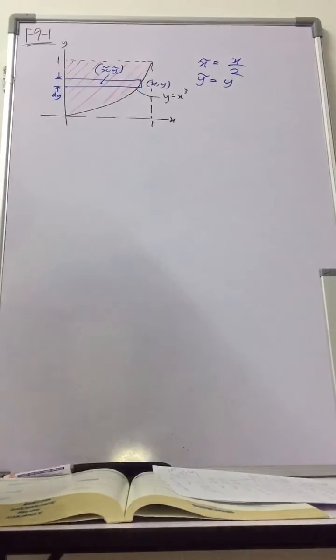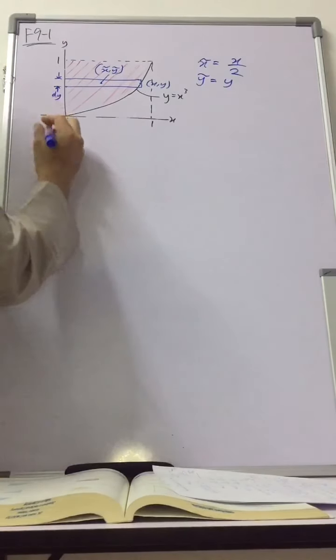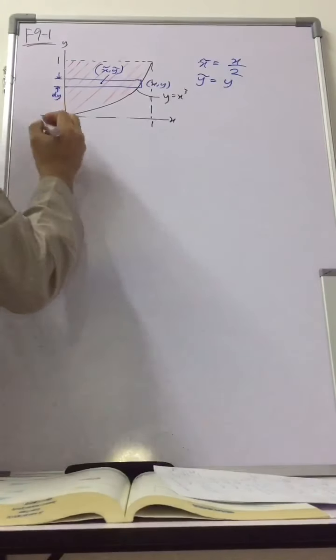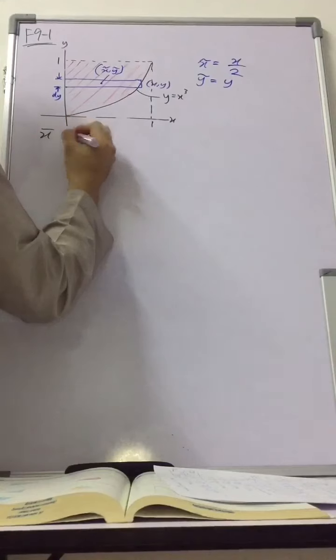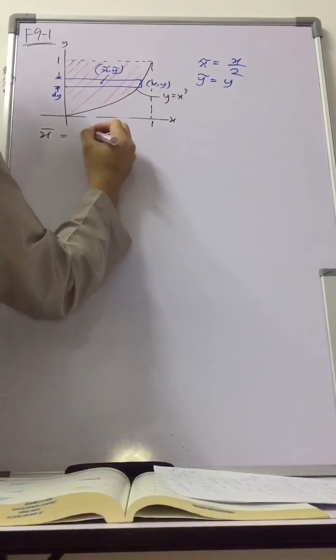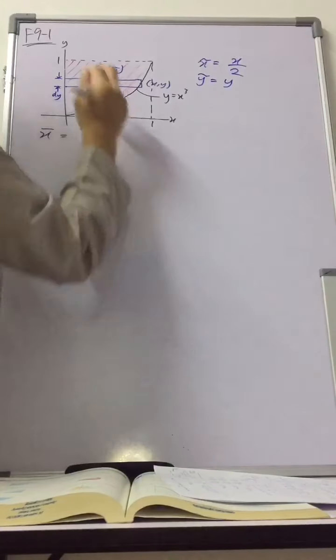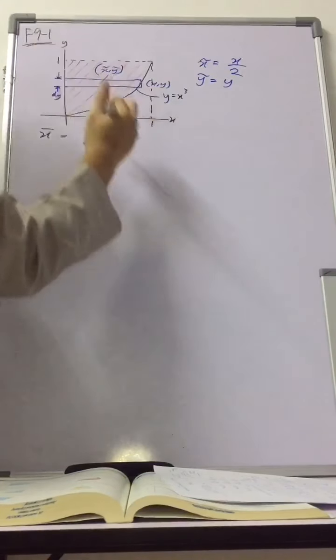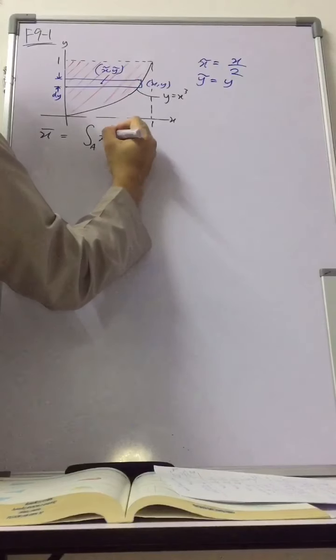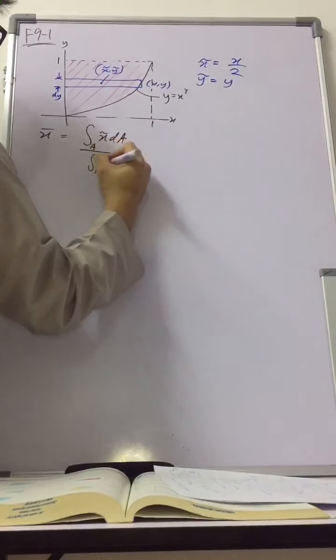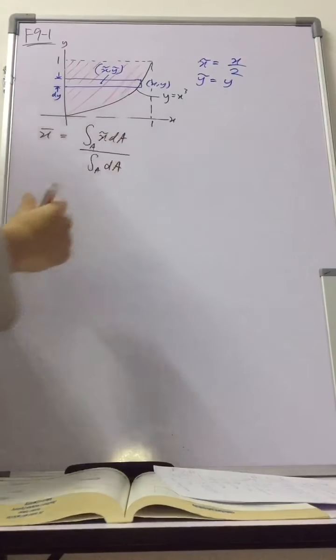So why do we want to do something like this? The reason is that when we want to find the centroid, the formula is x bar equals the integration over the area of x tilde dA, over the integration over the area of dA.